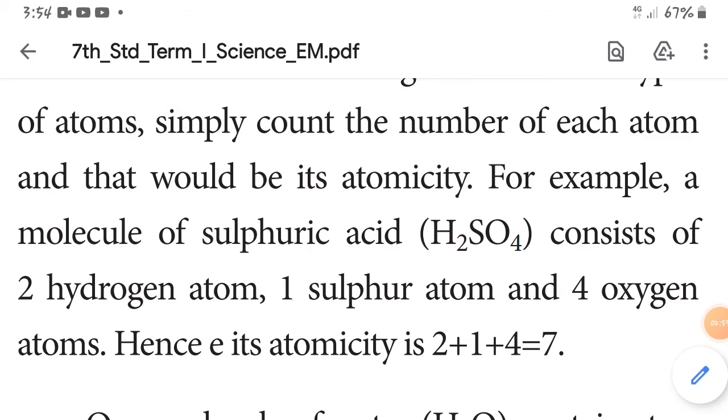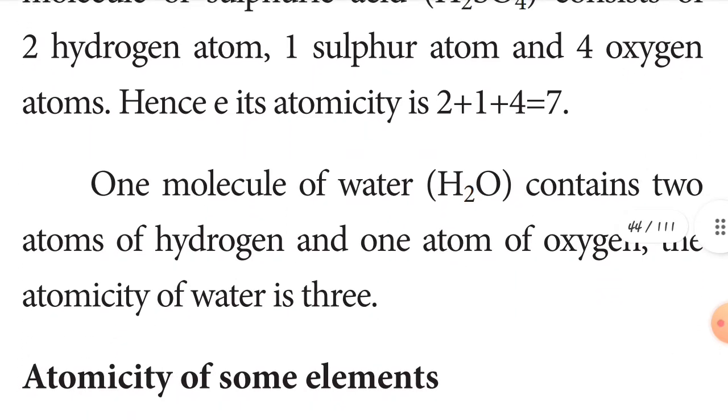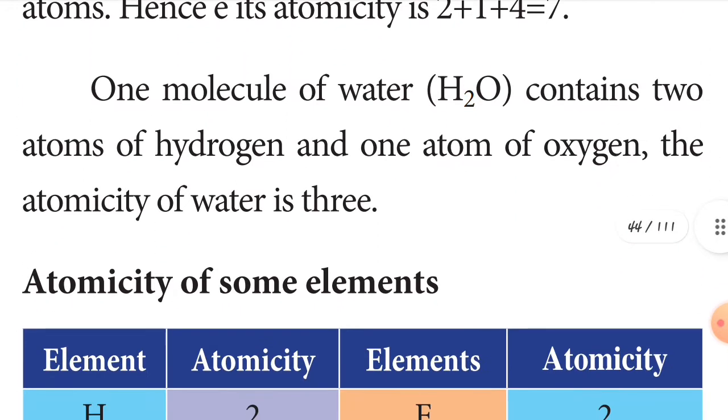Clear, children? Next, see the example of the water molecule. You know the molecular formula? Yes, very good, H2O. How many elements combine to form a water molecule? 2 elements, hydrogen and oxygen.